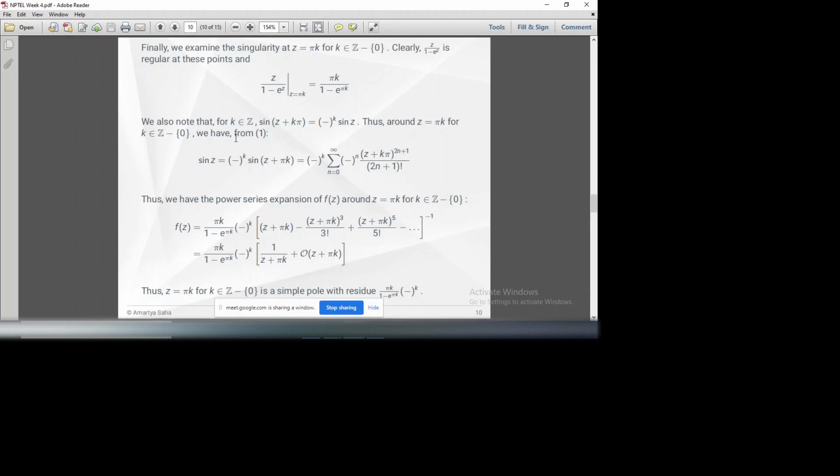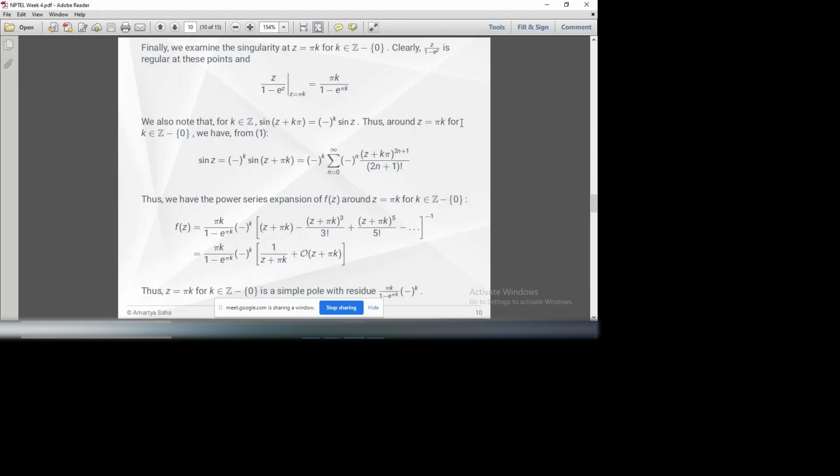Please also note that there is this anti-periodicity property of sin z, which of course is familiar from real calculus. Now we will expand around, again there is a mistake, it should have been z equal to minus pi k.